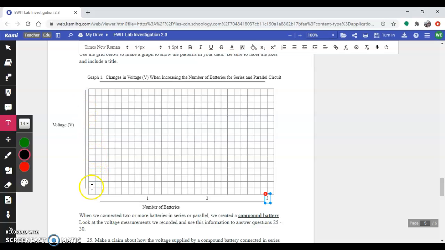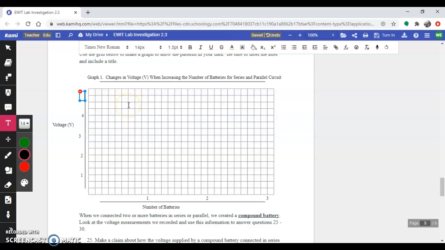So I'm going to say for every 3 tick marks, I can put a number. So there's the third one. So this will be 1. 1, 2, 3. Here will be 2. 1, 2, 3. Here's 3 volts. 1, 2, 3, here's 4 volts, and then 1, 2, 3, here's 5 volts.